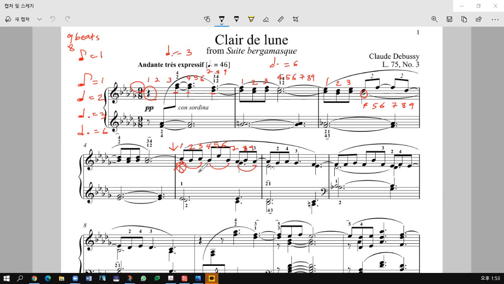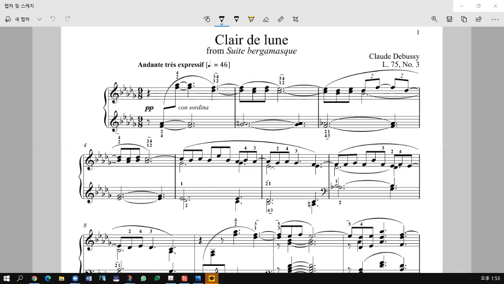This one can be grouped into how many groups? 3, right? And then this is going to be 1 dotted quarter, right? So this is compound because that can be divided into 3 eighth notes. And how many groups do you have? 3. So this is what? Compound triple meter, right?